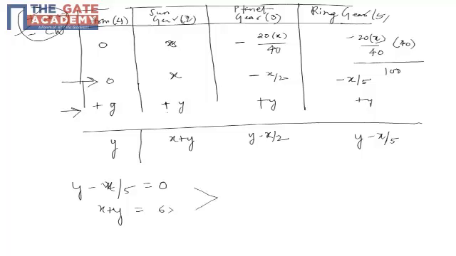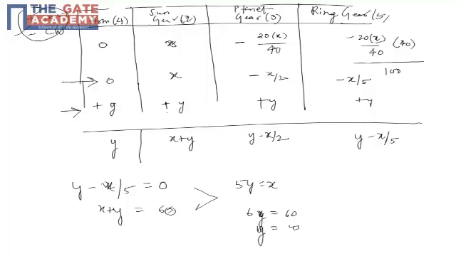So solving these two, we get x is equal to 5y, and so 6x is 60. Substituting that in the second equation, we get 6y is 60.